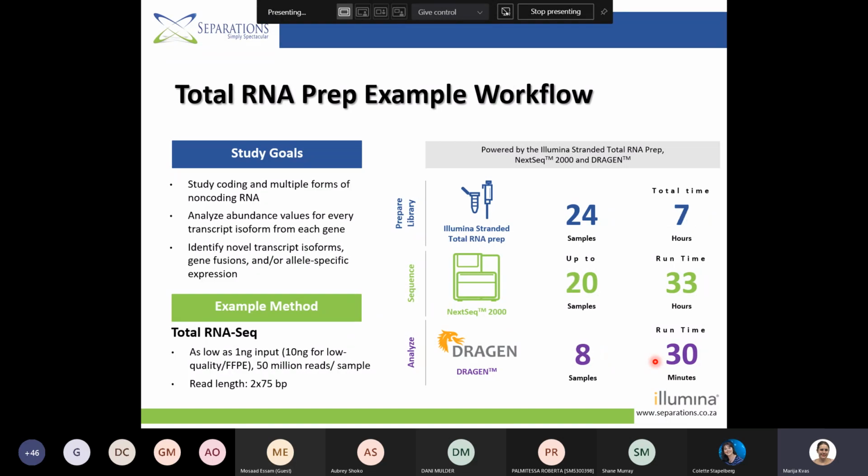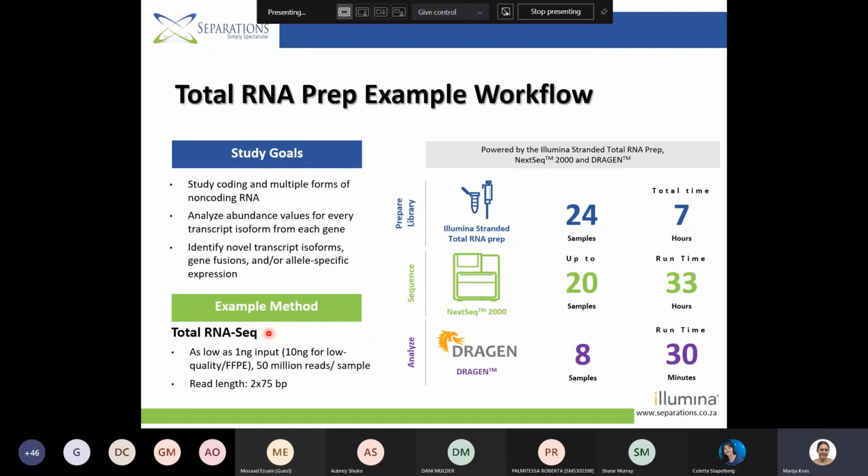If our study goal is to study coding and non-coding RNA, and to analyze abundance values for every transcript, for every gene, and to identify novel transcript isoforms, gene fusions, and allele specific expression, obviously in that case we need to look into total RNA. And remember I said, because we are looking into both coding and non-coding, we're going to need at least double the amount of data.